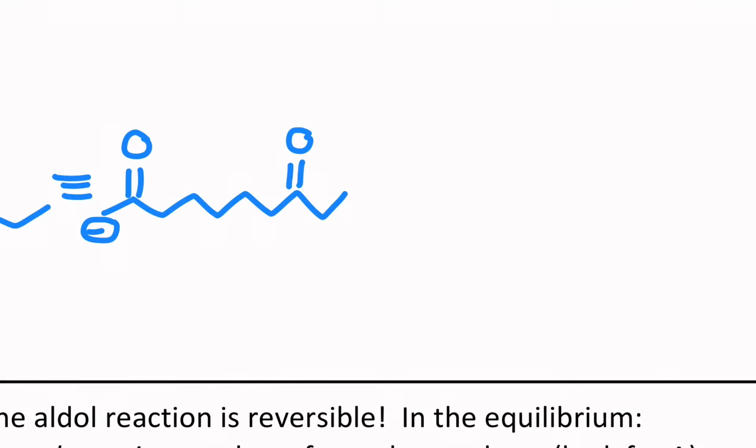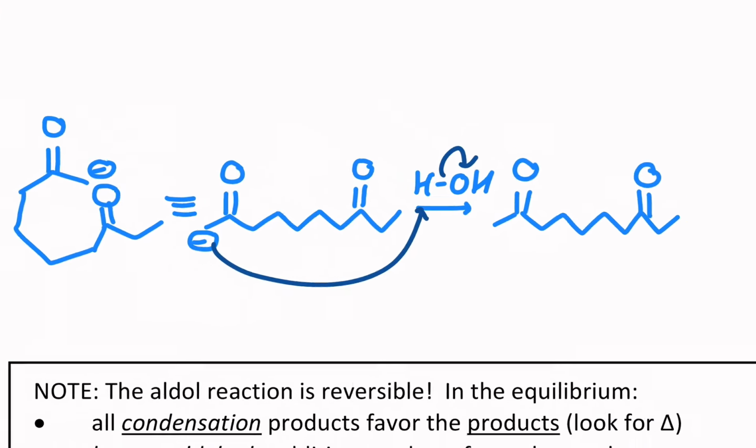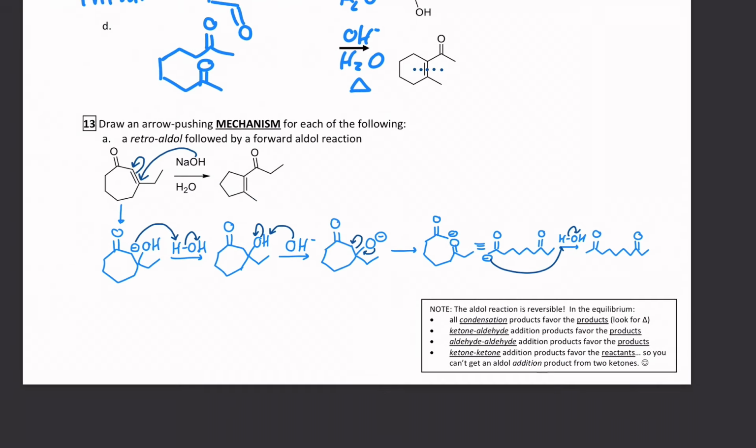So what happens next is we get back to what looks like the aldol starting material. I'm going to use a water molecule to just protonate that enolate. And I get my 9-carbon diketone, 2, 4, 6, 8, 9, with 2 ketones. And that's the entire retro aldol.